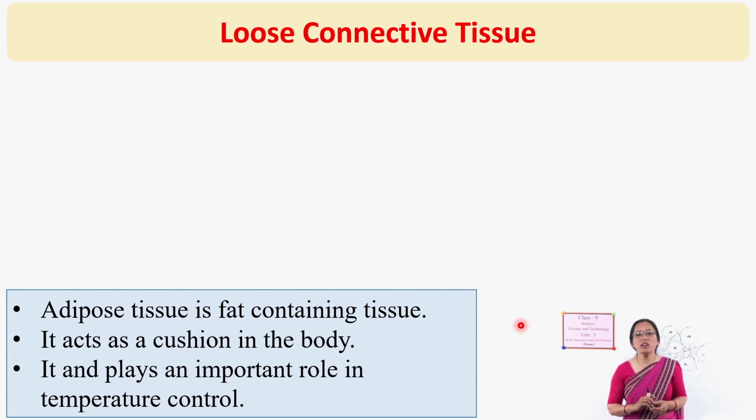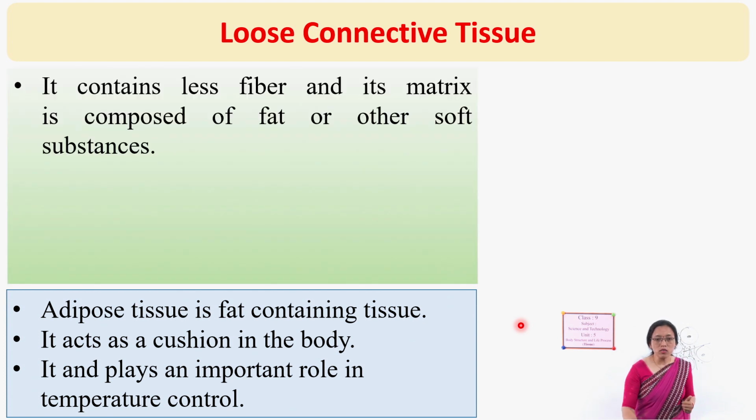It acts as a cushion in the body which protects our vital organs like liver, heart and other internal organs from mechanical shock. And it also prevents the different kinds of shock which can attack the internal organs.